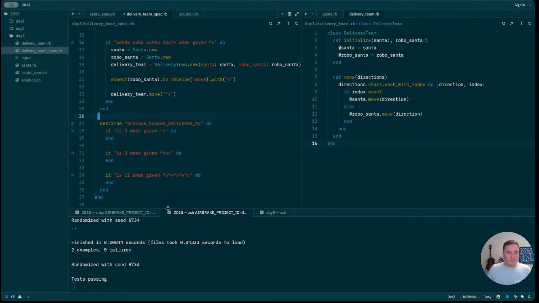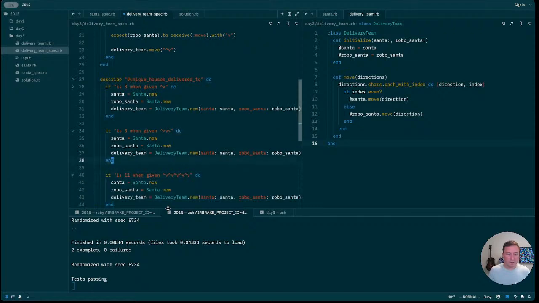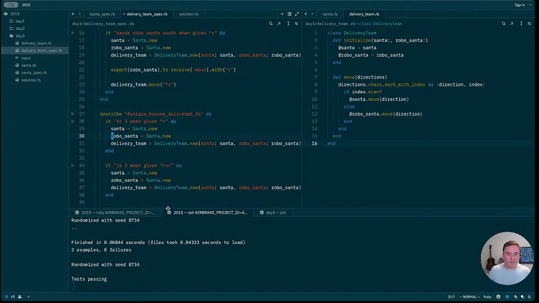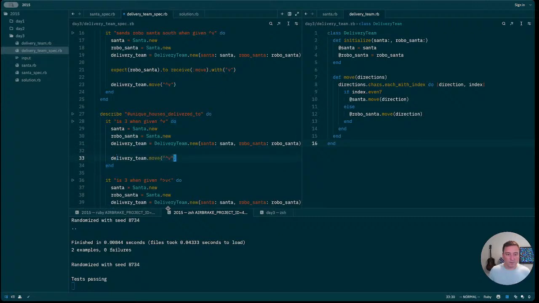Okay, so we've got Santa equals Santa.new, robo Santa equals Santa.new, delivery team. We're going to do that in all 3 of these. And then, let's see what else we're going to do here. Delivery team.move, and then delivery team.unique house delivered to equal 3.